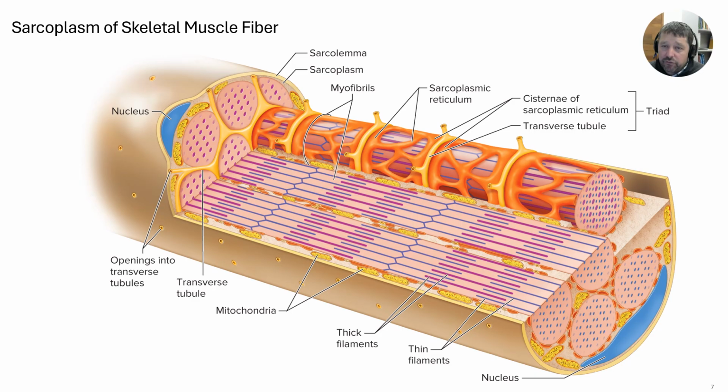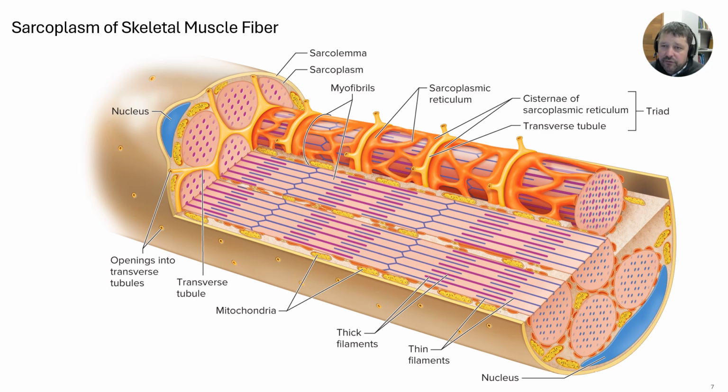You can have the sarcoplasmic reticulum, which is going to provide all the calcium, covering the myofibril. And then you have the transverse tubes that give the electrical signal that's going to be sent to the SR, or sarcoplasmic reticulum, which is going to release that calcium.